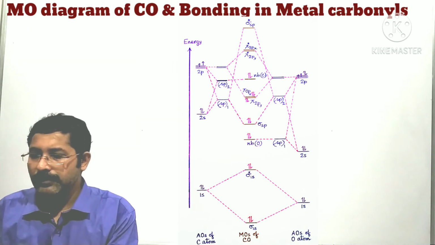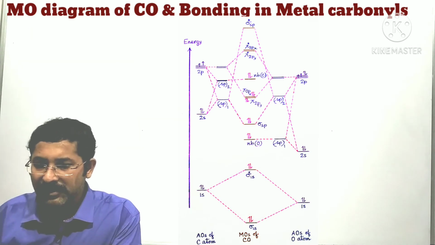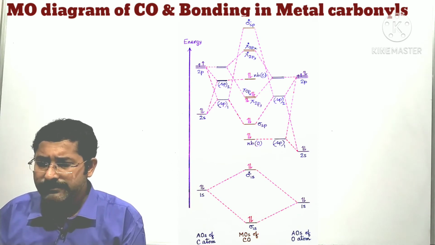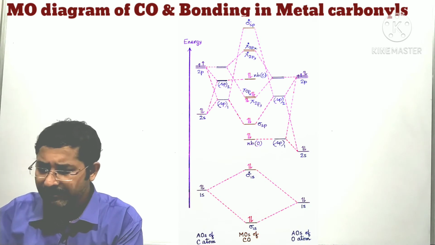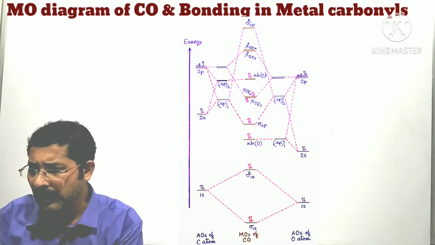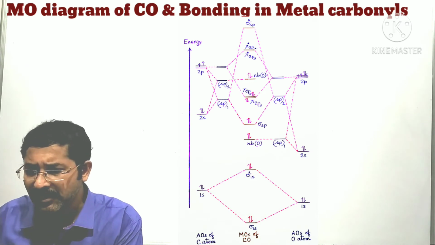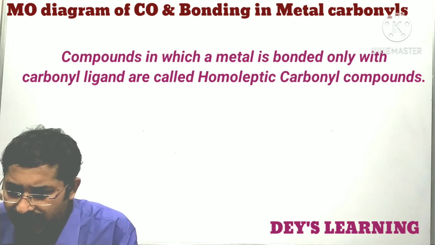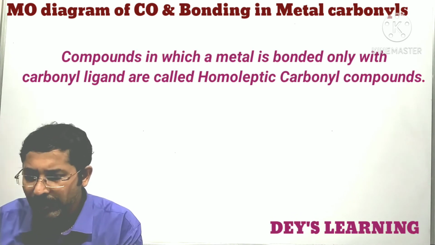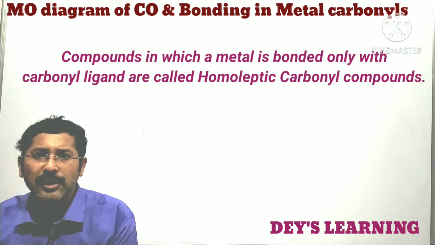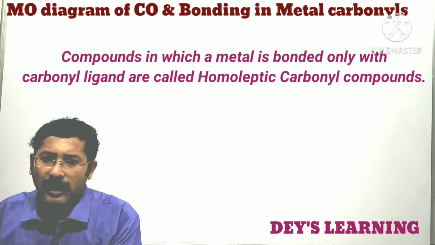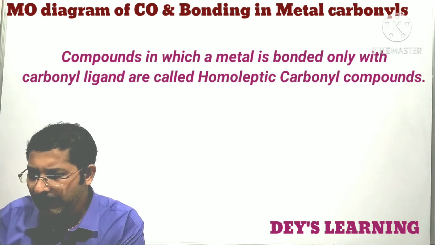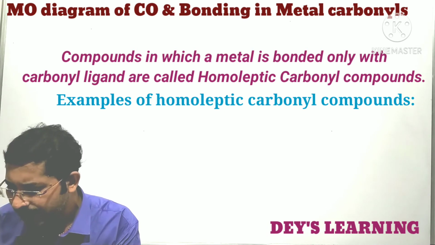Now the carbon monoxide molecule has very significant properties. The first one is in metal carbonyls, where the d block metals, the transition metals, combine with carbon monoxide to form metal carbonyls, and the compounds in which a metal is bonded only with carbonyl ligands are known as homoleptic carbonyl compounds.